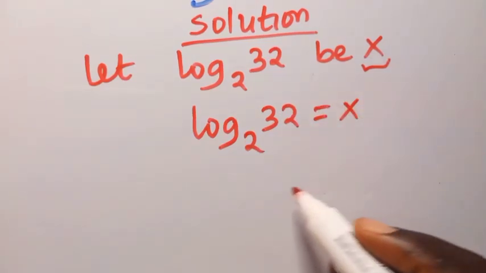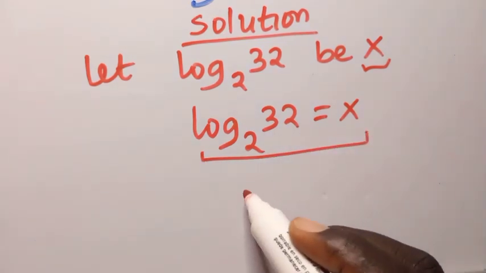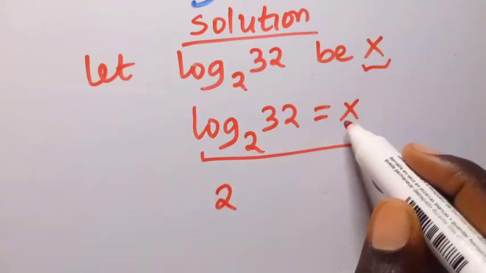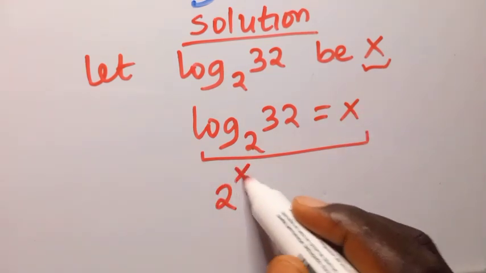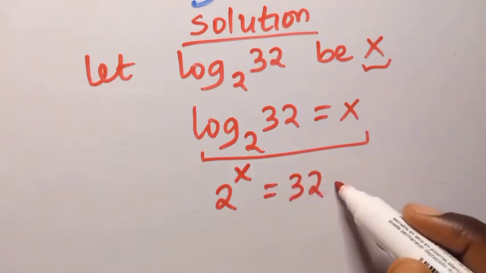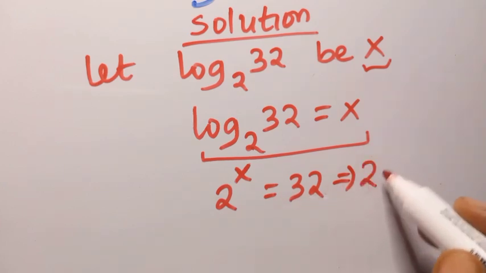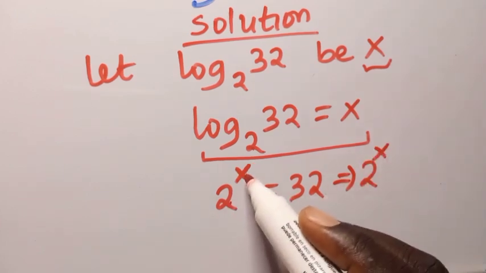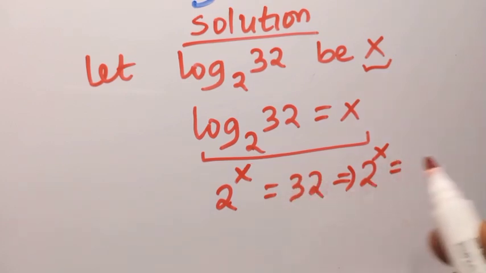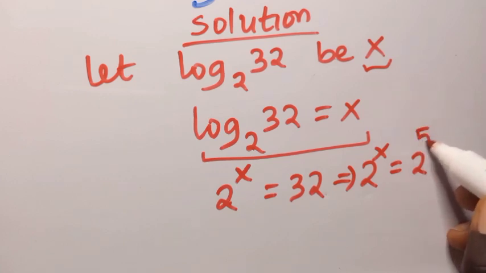From the laws of logarithms, we can write this in index notation, and therefore it will be this base, which is 2, raised to this x equals 32. This implies that 2 raised to x equals, instead of 32, we can write it as 2 raised to 5.